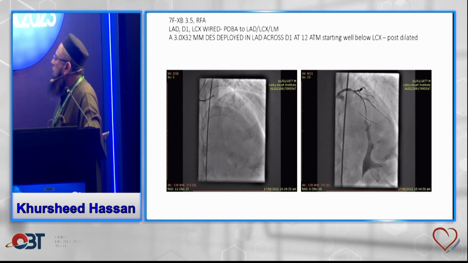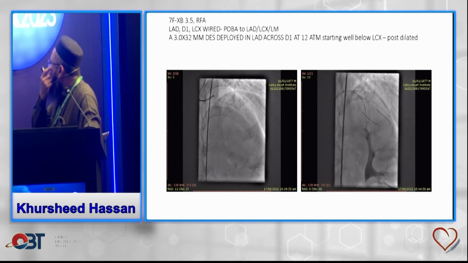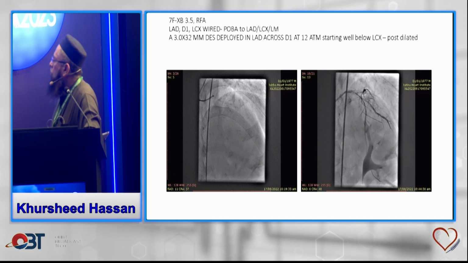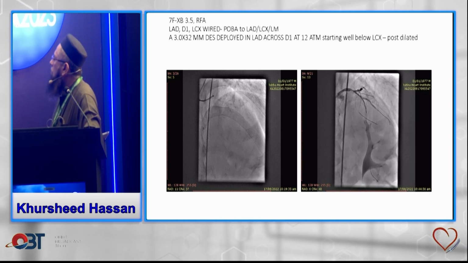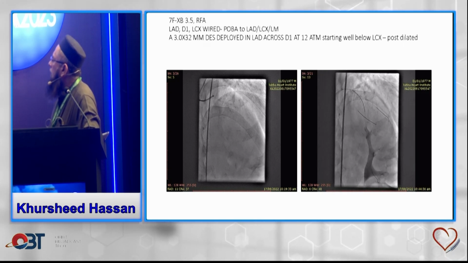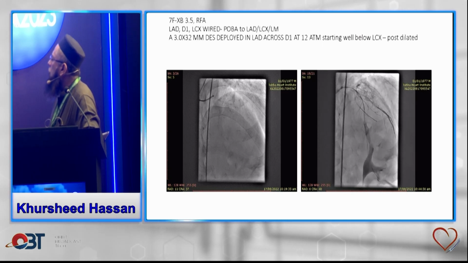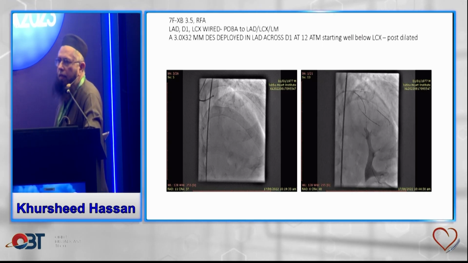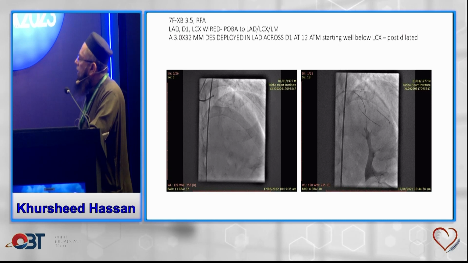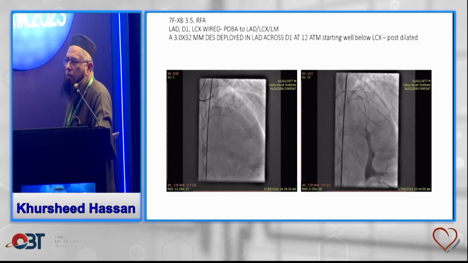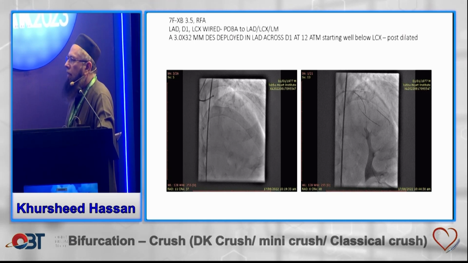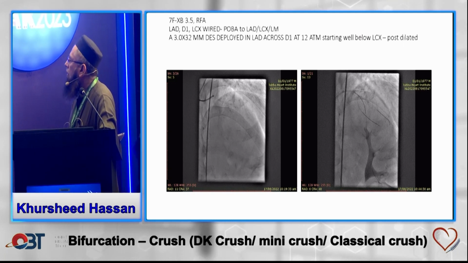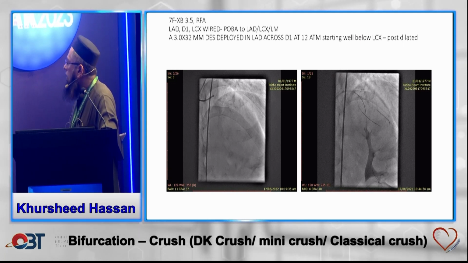So we wired the circ, the diagonal and the LAD. Over to the LAD with the 2.0 and then a 3.0, and this is a 3.0 by 32 DES in the LAD, making sure that we do not cross over the circ and end before the circ.